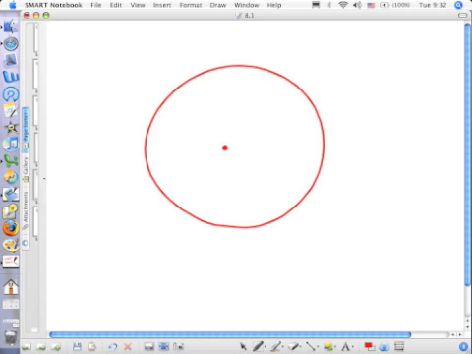The center is Q, because I name a circle with its center. It says it has a diameter AB. A diameter goes through the center of the circle, right? So let's just say this is A, and this is B.